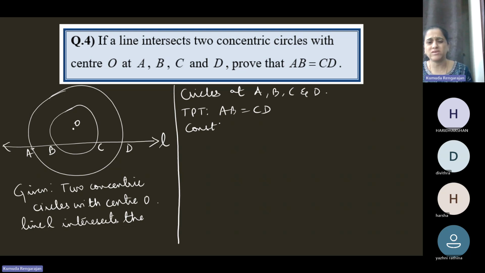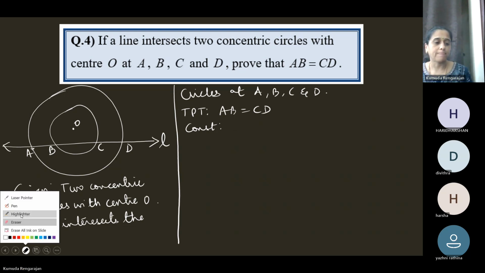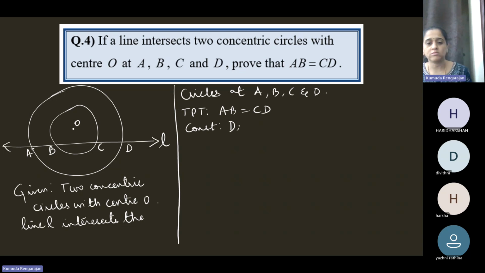Construction: always draw a perpendicular from the center to the chord. Draw OM perpendicular to L. Now the proof.